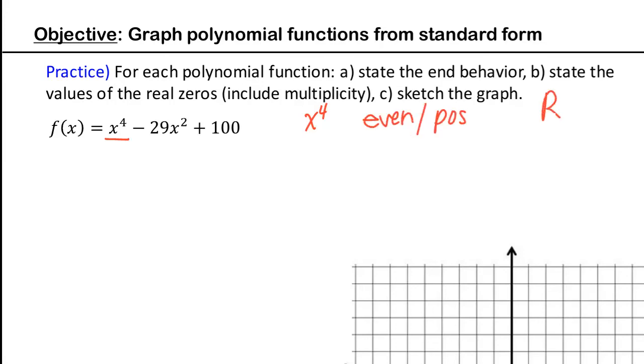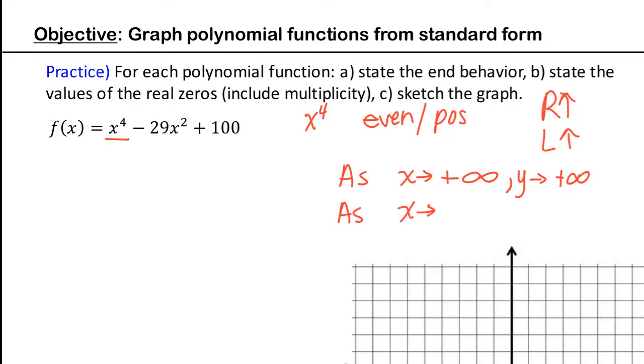Which tells you the right side goes up, and because it's even, the left has to also go up. So as x approaches the right, positive, y approaches up to positive, and as x approaches the left, negative, y approaches up, positive.